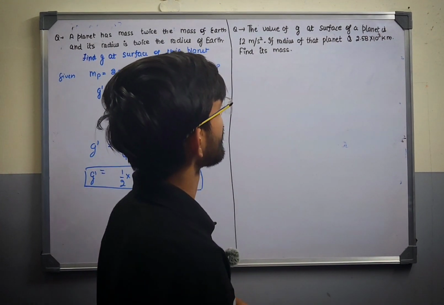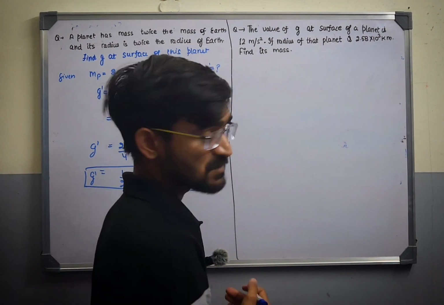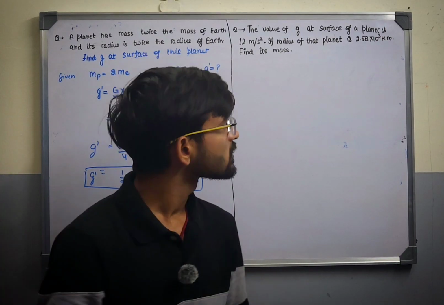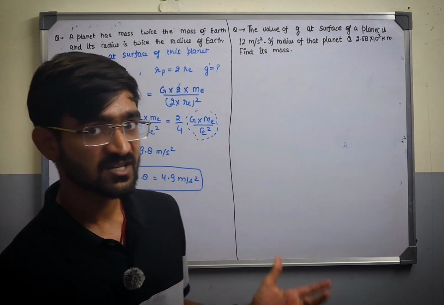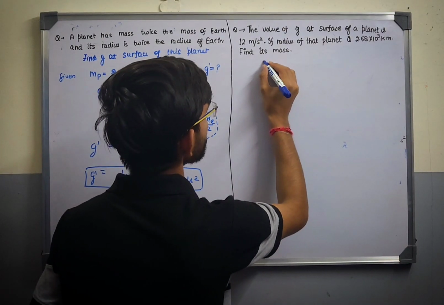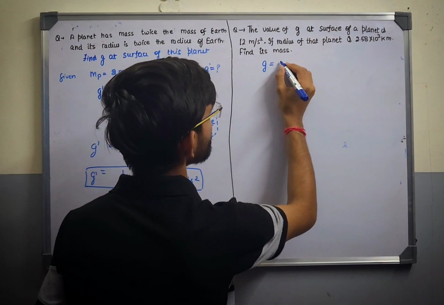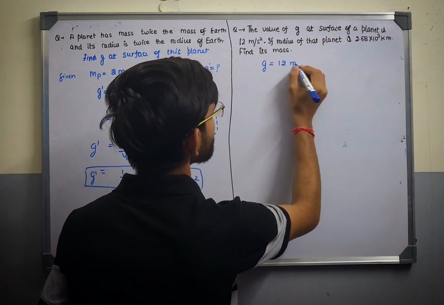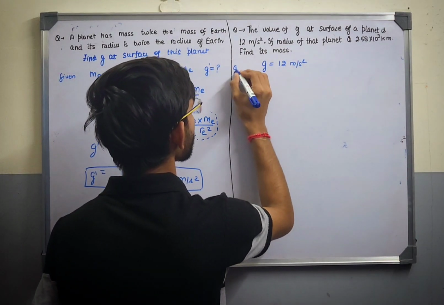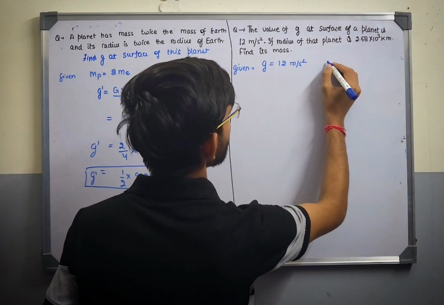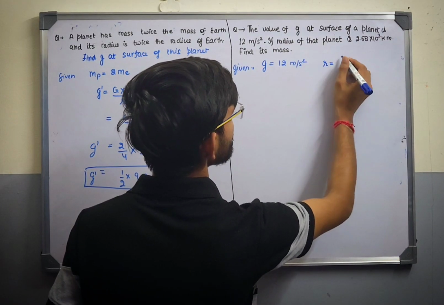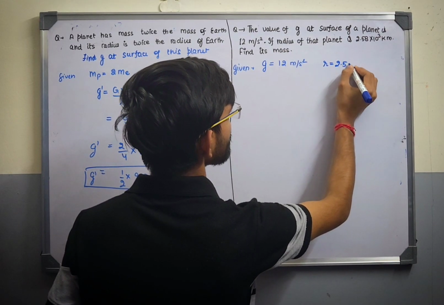The value of g at the surface of a planet is 12 meter per second square. If the radius of that planet is 2.58 into 10 raised to power 3 kilometer, find its mass. g is given. This is 12 meter per second square. First write the given part. g is given and radius is given, 2.58.